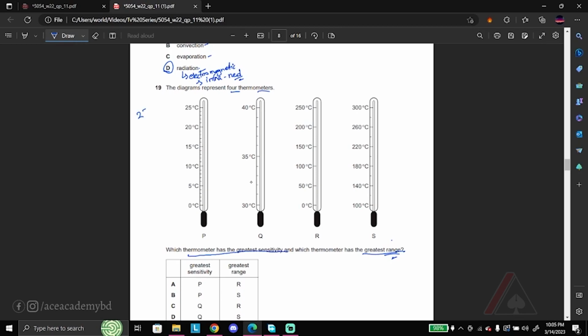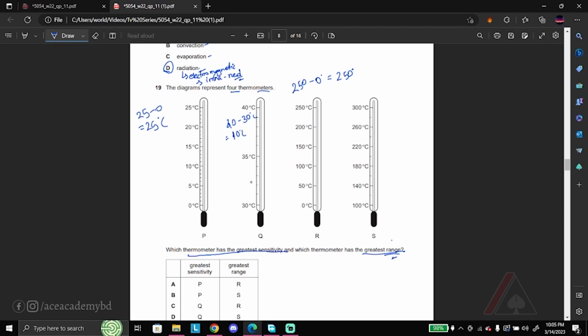So the range for P would be 25 minus 0, which is 25 degrees. And for Q, 40 minus 30 degrees, which is 10 degrees. And for R, 250 minus 0, which is 250 degrees.